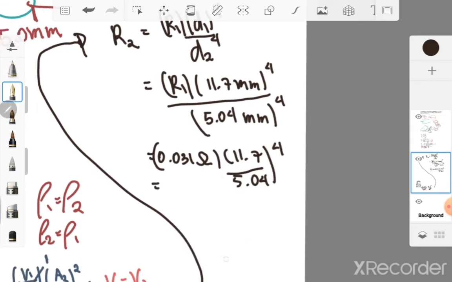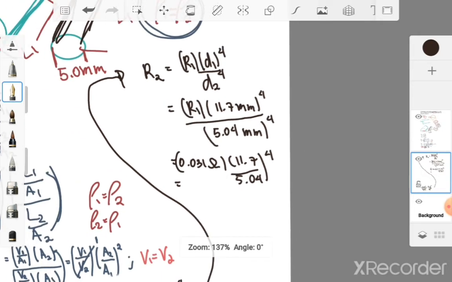so use your calculator, 0.031 times 11.7 all over 5.0. So open parenthesis for 11.7 divided by 5.0, close parenthesis raised to 4. So we have a value equal to 0.90. Actually, we have a problem here in our given.